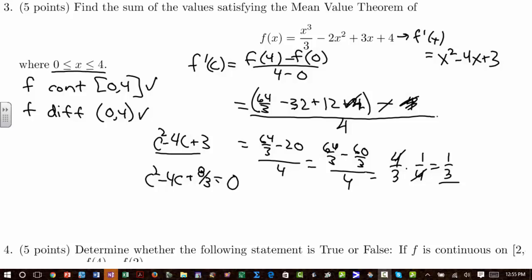And we want to know the sum of the two values that make that sentence true. The sum of the two values that make that sentence true. And that's going to be, let me do some quick working here, negative 2b over 2a.